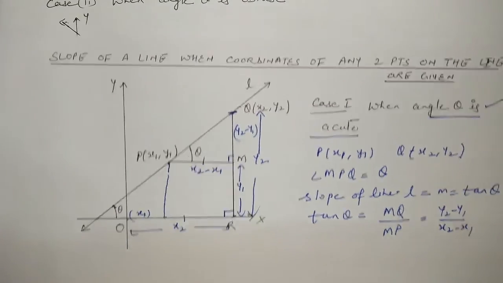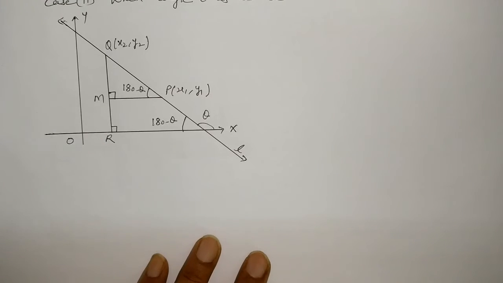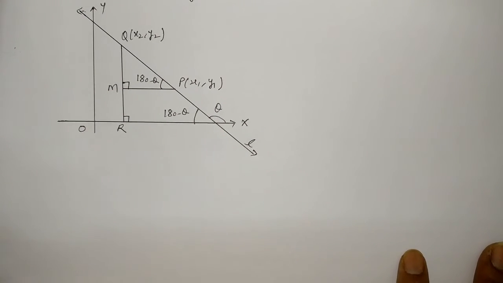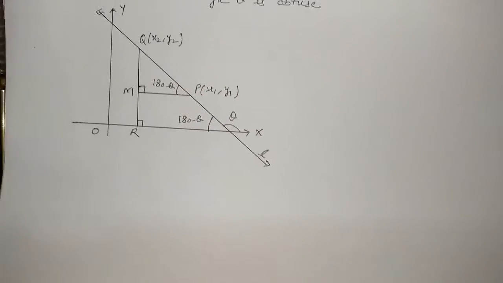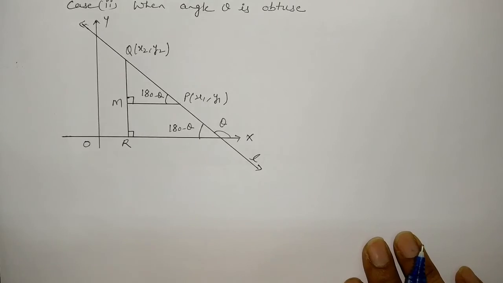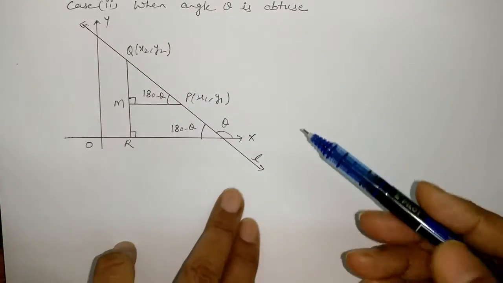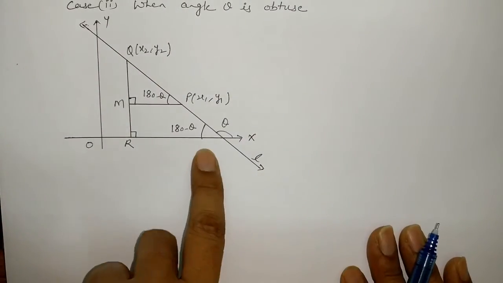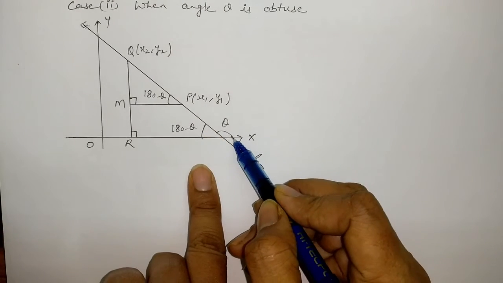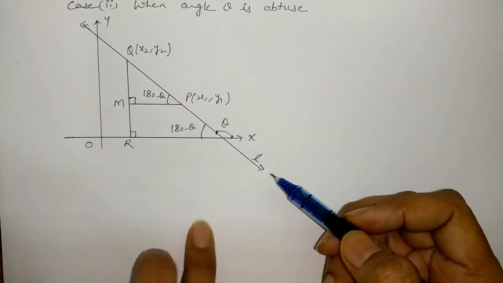Now the second case we'll take is when theta is obtuse. How will we find the slope when theta is obtuse? In this case you can see this line L is making an obtuse angle.